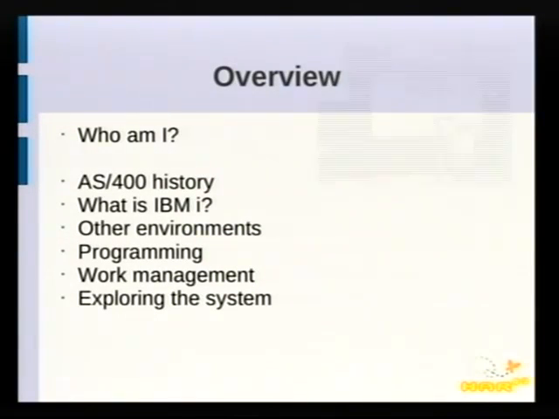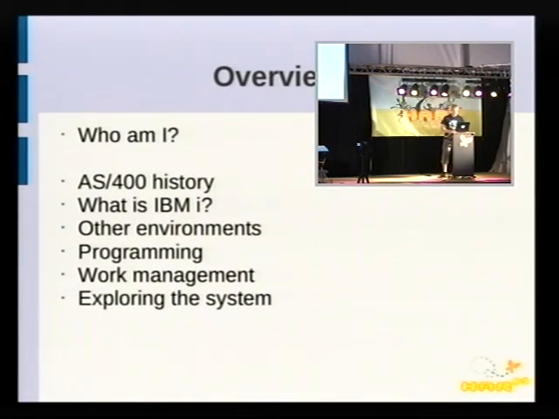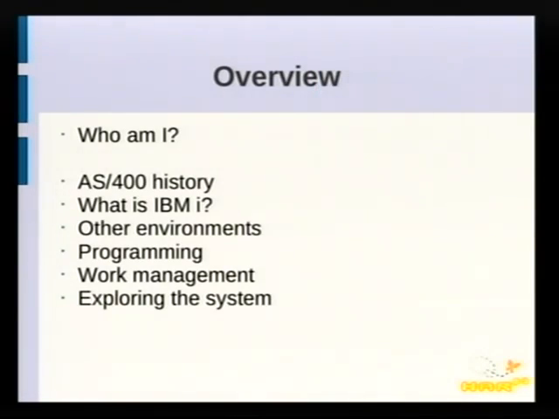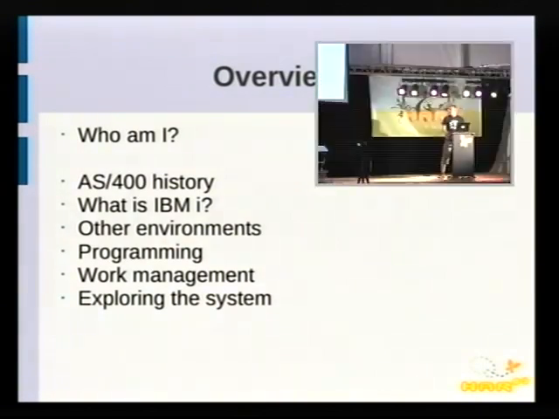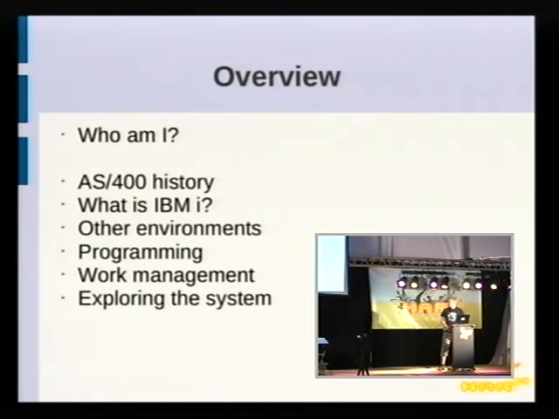First, a little overview about what I will talk about. I will first introduce myself, and then get to the interesting stuff. First, a little history about the AS400. Then we will get to IBM i, so I will explain what that is.